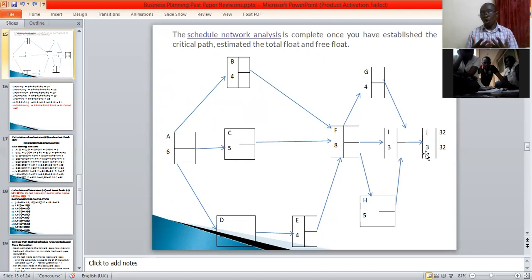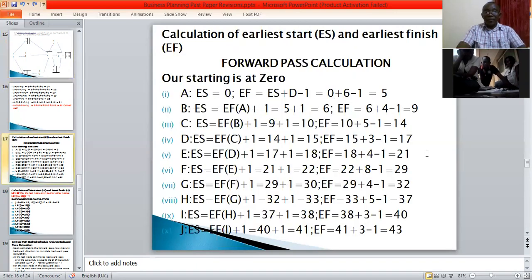That you just have to know. Now, since we calculated the earliest finish for activity J, the earliest finish is 43.